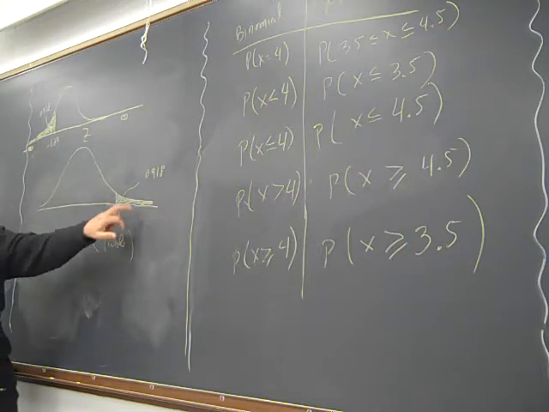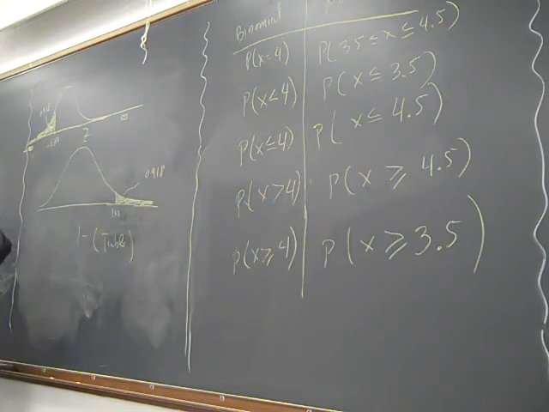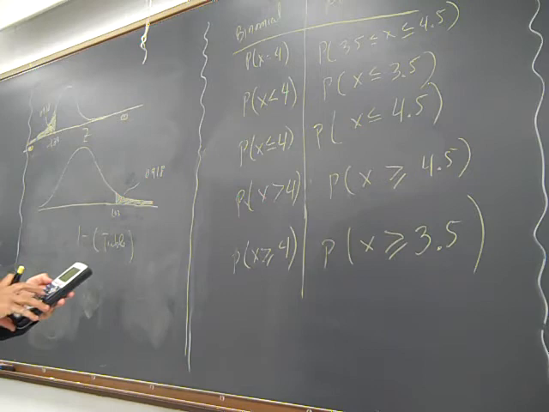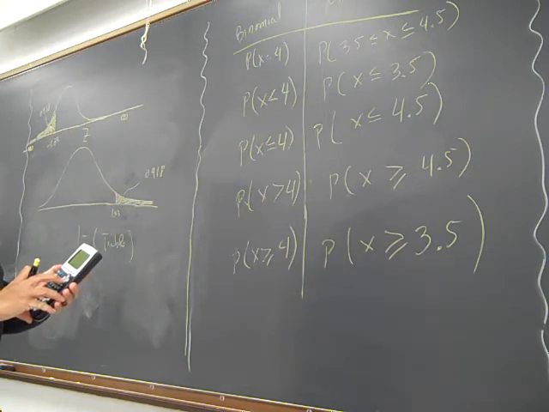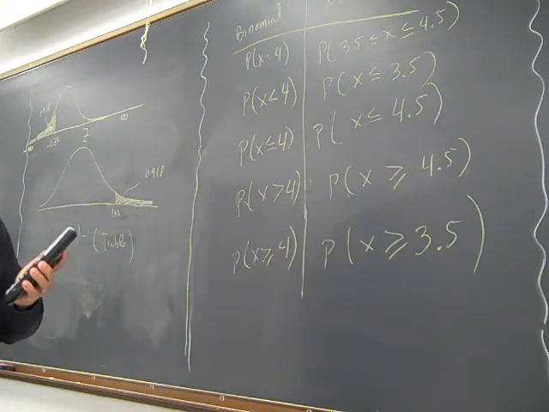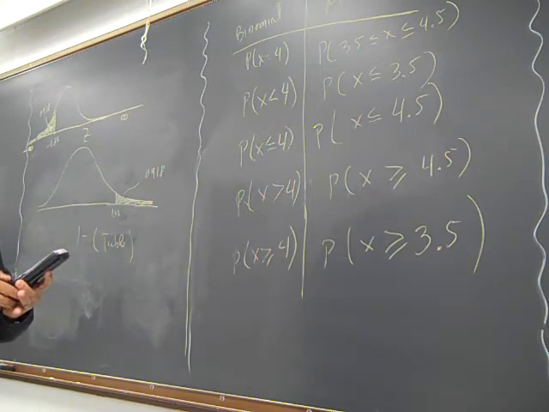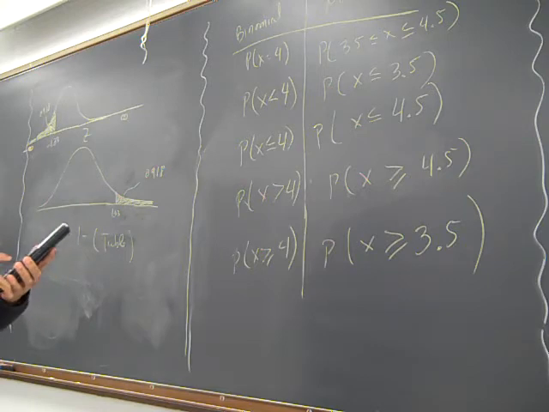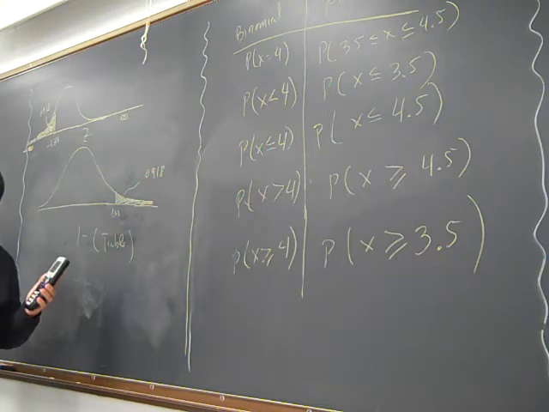Now, how am I going to do this? Well, go to the TI-84, second, distributions, go to the normal CDF, hit enter, and you have to give it the lower number.